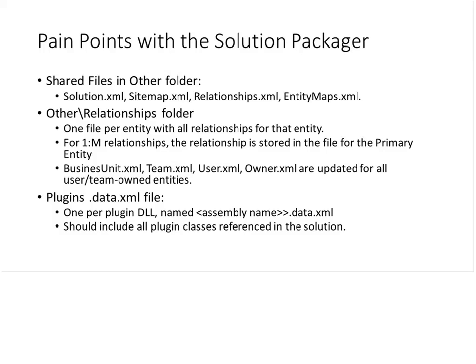The challenge is with four files that are updated for all user and team-owned entities, and those are the business unit relationships, the team, user, and owner relationships. These four files, when you add a new entity, you always have updates to them if it's a user or team-owned entity, not an organization-owned entity. So you will have to manage those files and deal with concurrency issues.